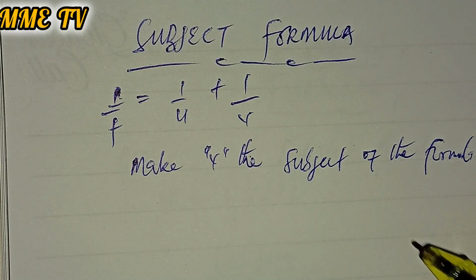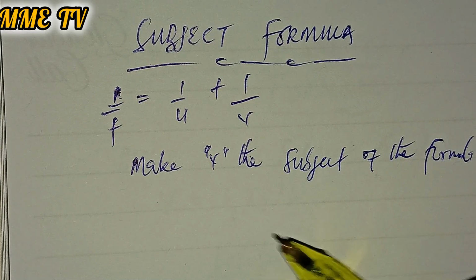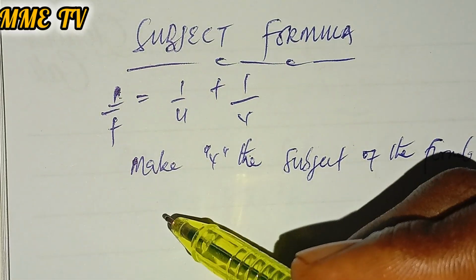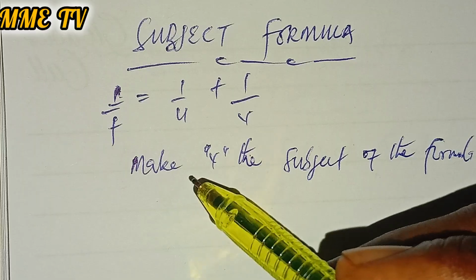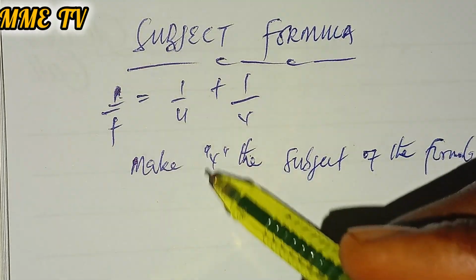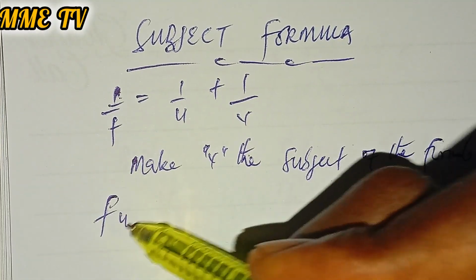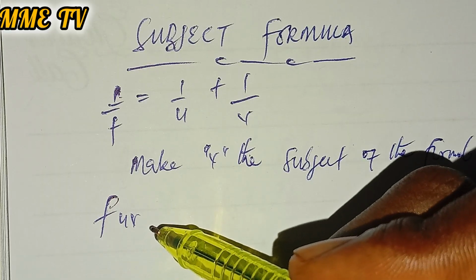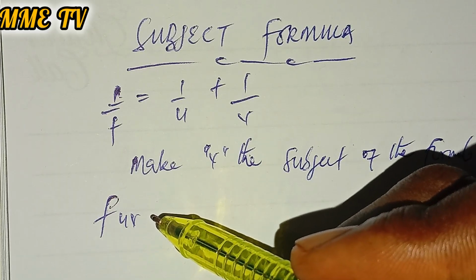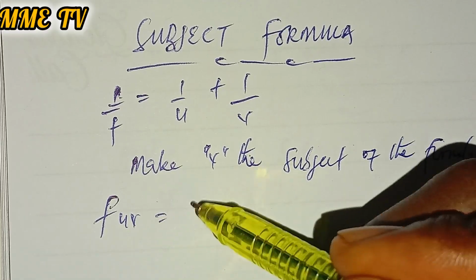Now, you know that the first thing to do is this. Based on what we are given, you're going to find the LCM of the denominator, and the LCM of the denominator is FUV, right?